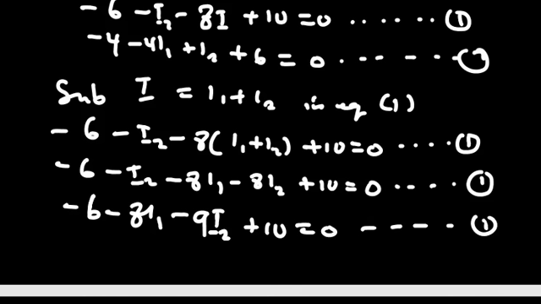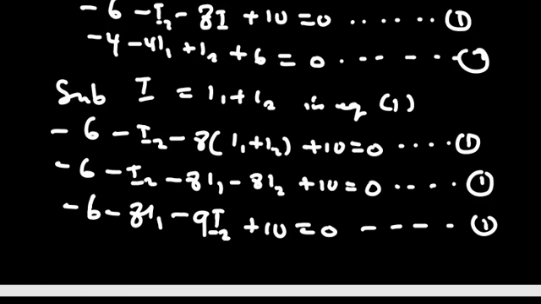We can decide to write it in terms of I1 first. So we have minus 8I1 minus 9I2 minus 6 plus 10, which is plus 4, equals 0.